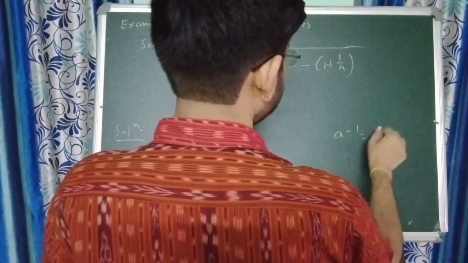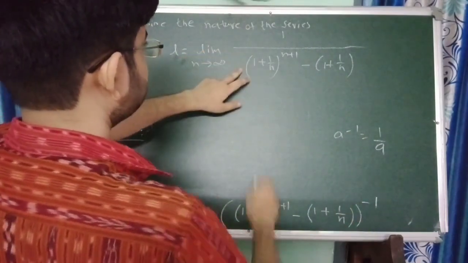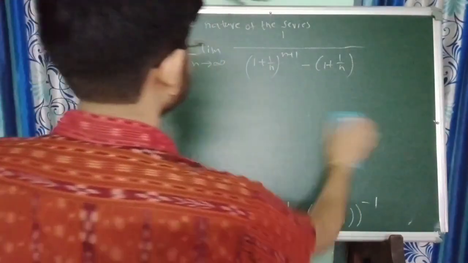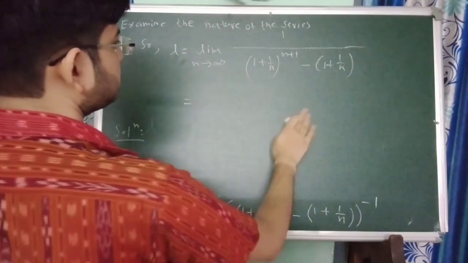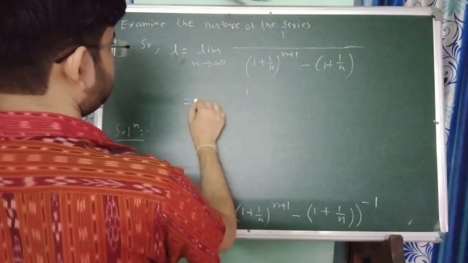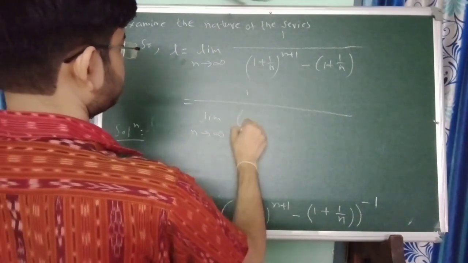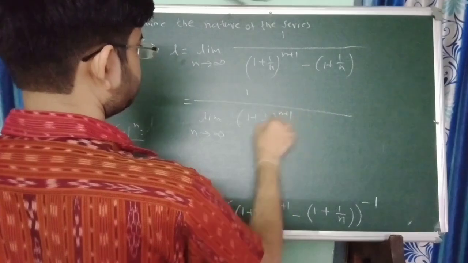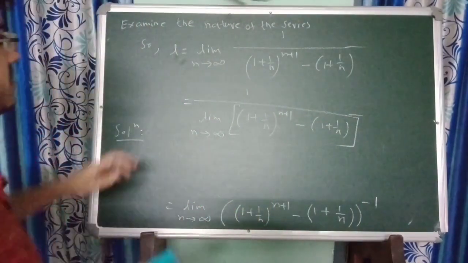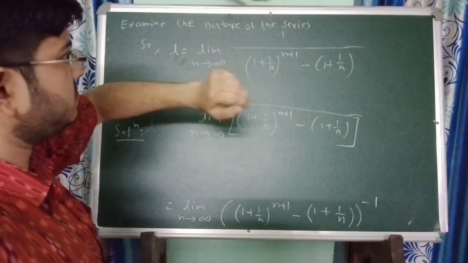Since you know that a inverse equals 1 by a, this expression to the power minus 1 is 1 divided by this expression. This can also be written as limit n tending to infinity of (1 plus 1 by n) to the power n plus 1 minus (1 plus 1 by n), taking the limit in the denominator part, since in the numerator part this is 1.